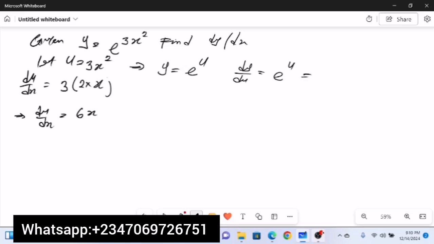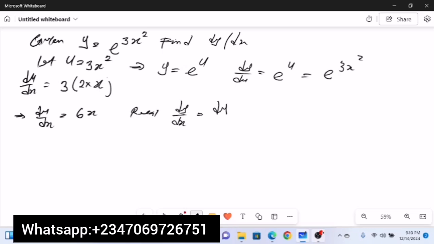But you know what u stands for? u is simply what? 3x squared. So that means exponential u still remains exponential 3x squared. So having found this, recall that dy all over dx from chain rule is simply what? Multiplying the two derivatives together.